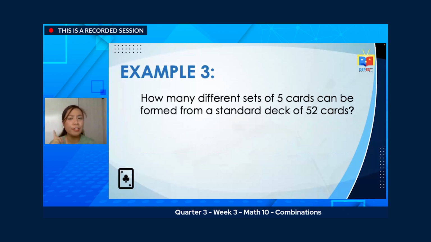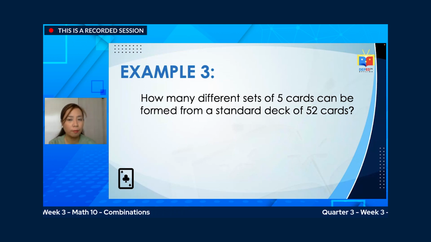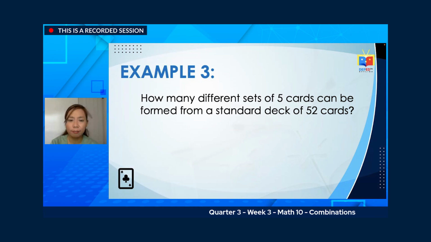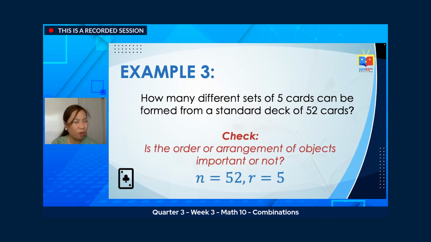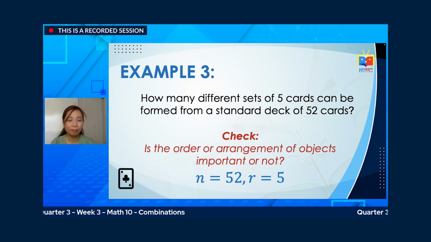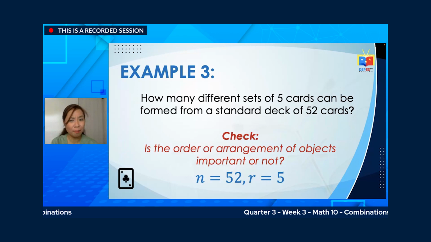How many different sets of 5 cards can be formed from a standard deck of 52 cards? That's a lot. Again, ask yourself, is the order or arrangement important or not? Very good. The order is not important. You just simply have to select 5.